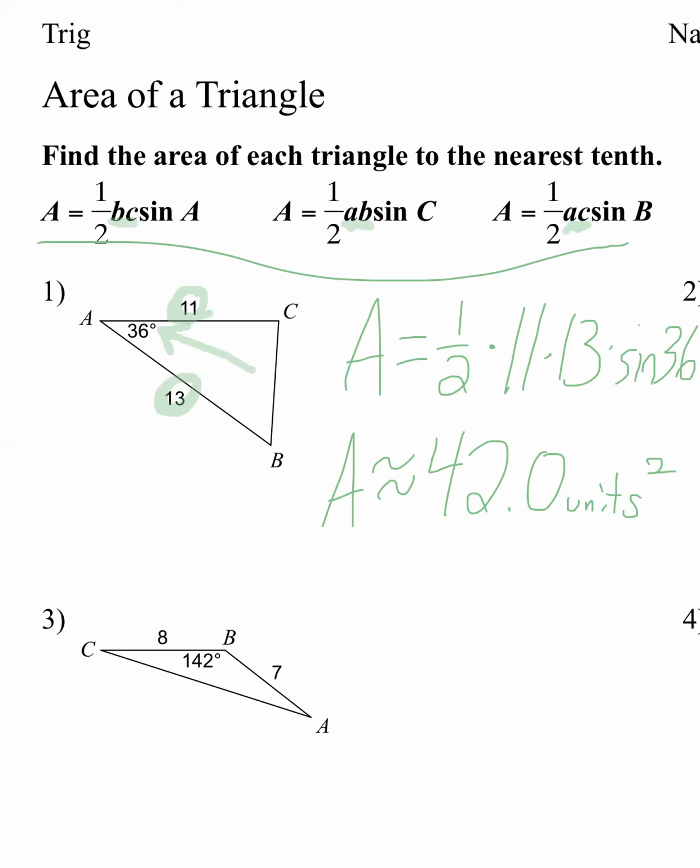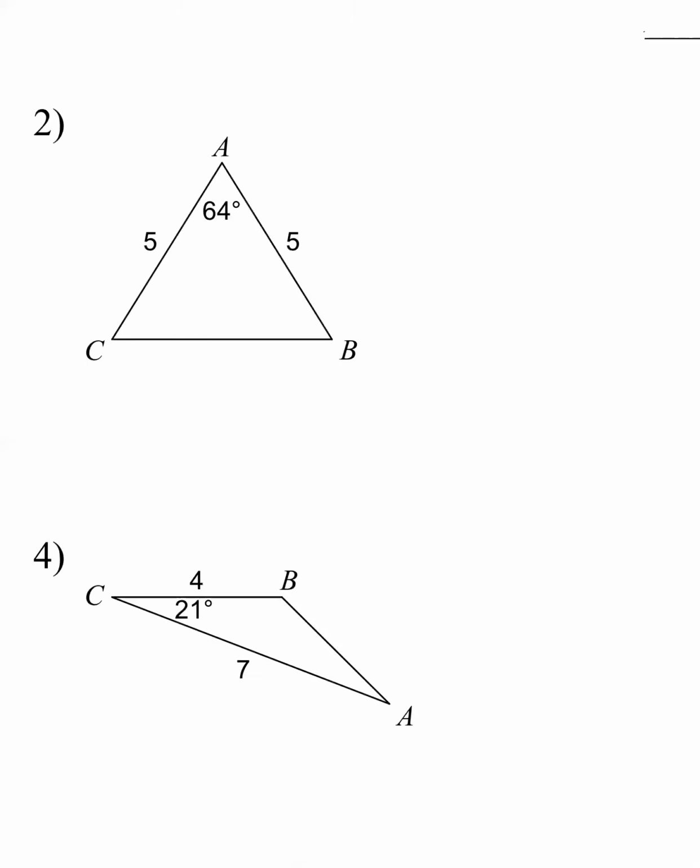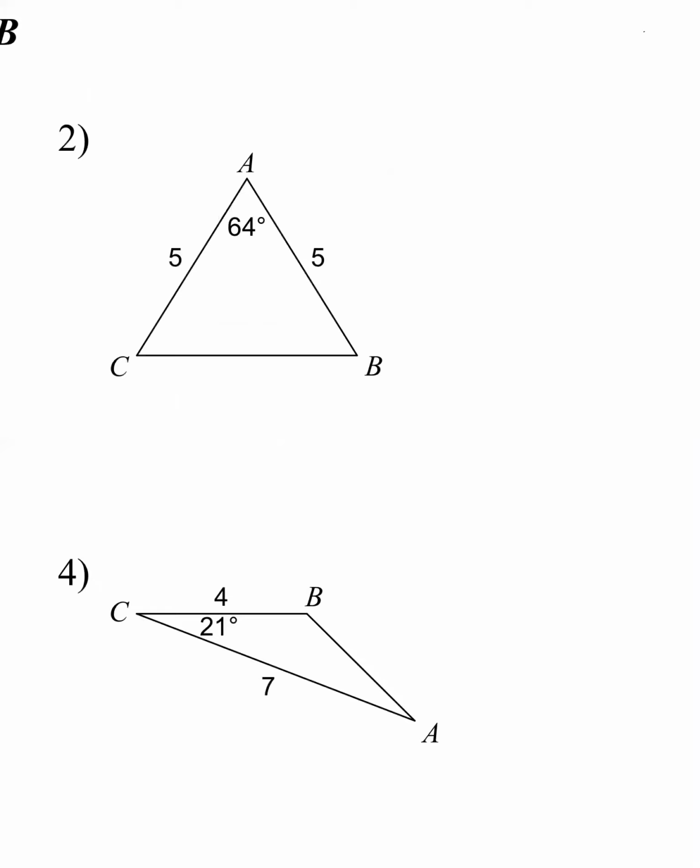So let's try another one. Let's try number 2. So again, I'm going to do A equals 1/2, in this case it's 5, and 5, and then sine 64.